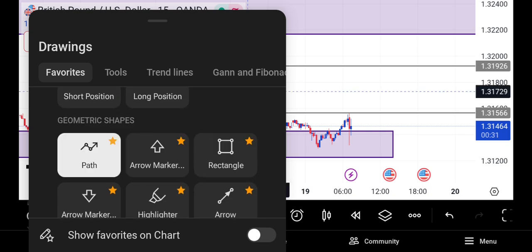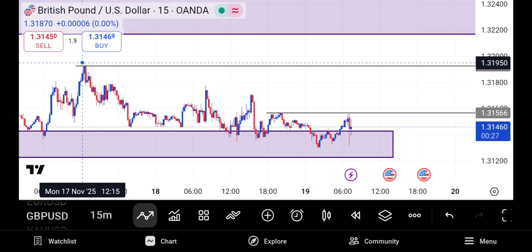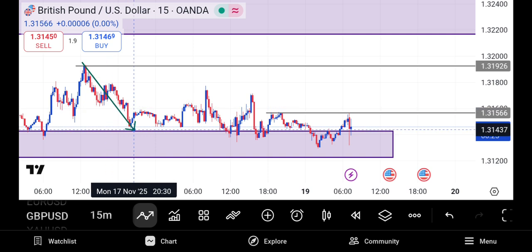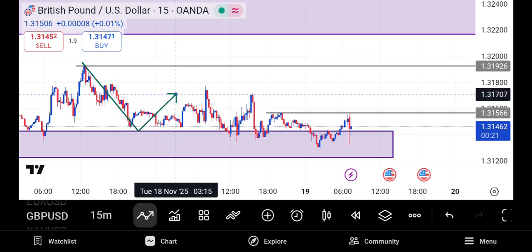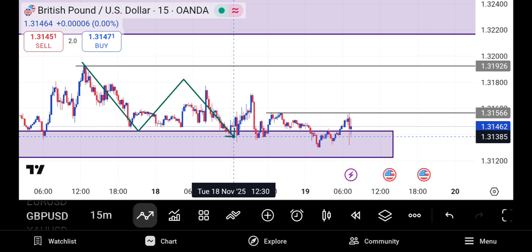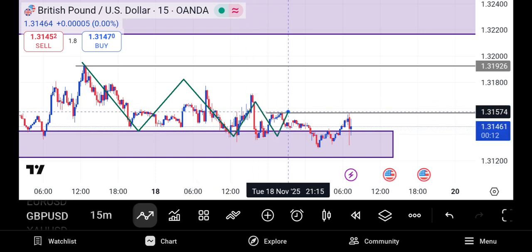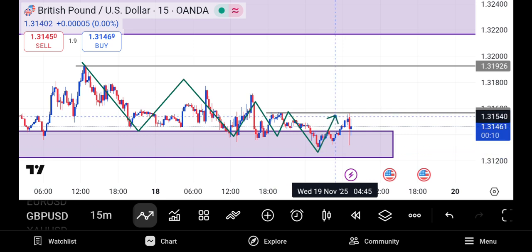What I'm waiting for: you can see that we created a lower low, a lower high, a lower low, a lower high, and then it just started consolidating in one position.